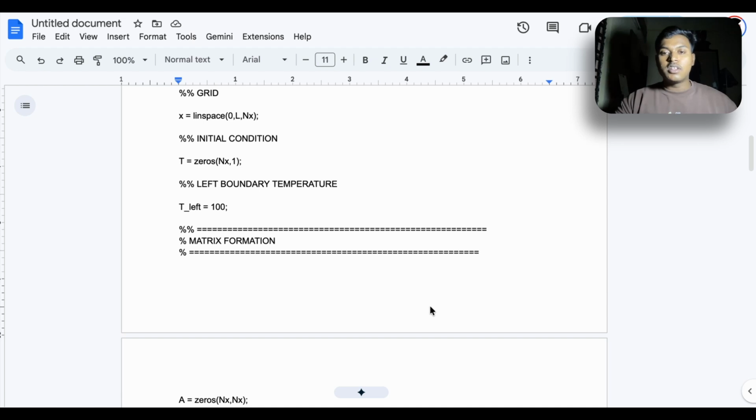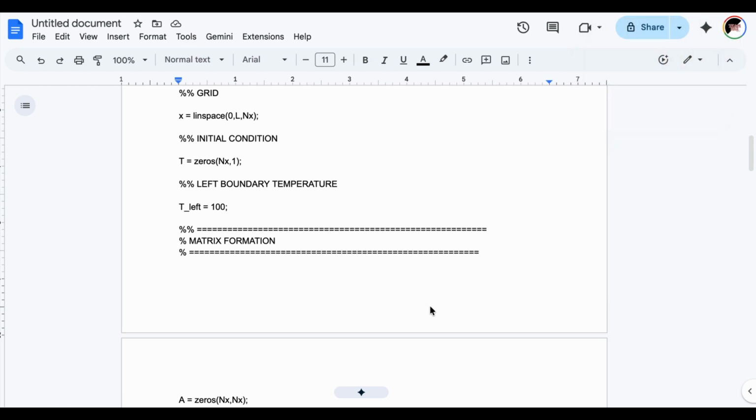MATLAB implementation. Now I will explain the MATLAB implementation step by step. First, the physical and numerical parameters are defined. These include the rod length, number of spatial nodes, thermal diffusivity, time step, and total simulation time. I will show you the MATLAB parameter section here.